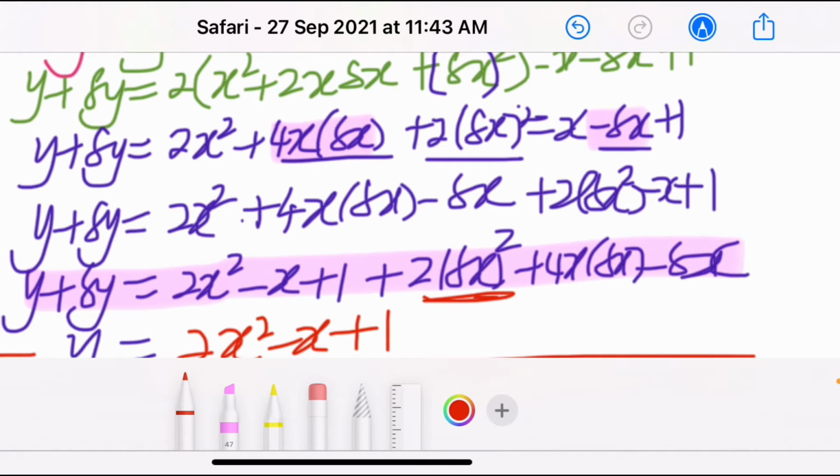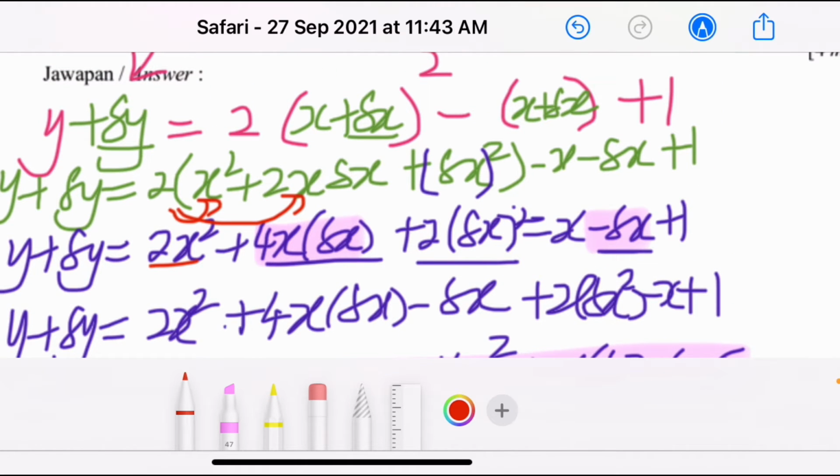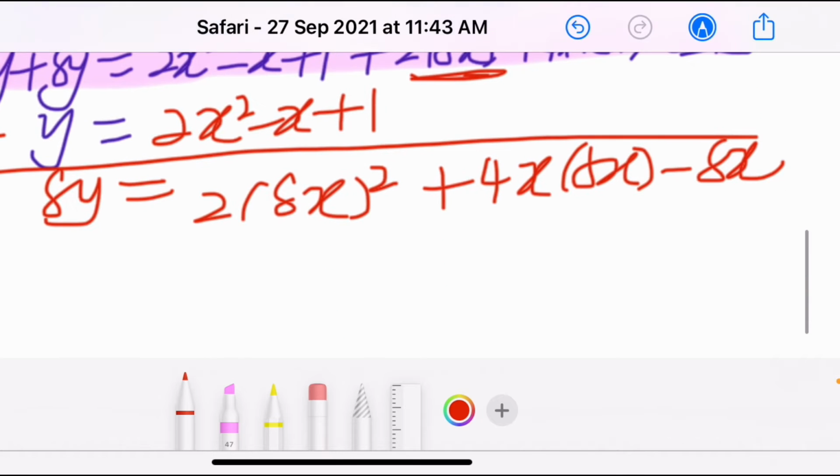Because just now when we expanded, we had 2x squared, 4x delta x, and delta x squared, and we have to times it by 2 because of the 2 here. So we check again, there's nothing wrong.